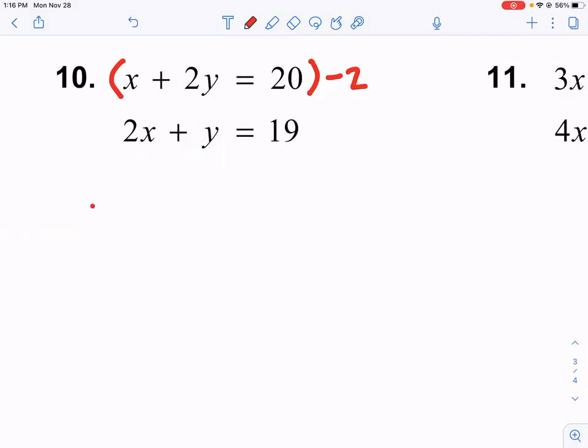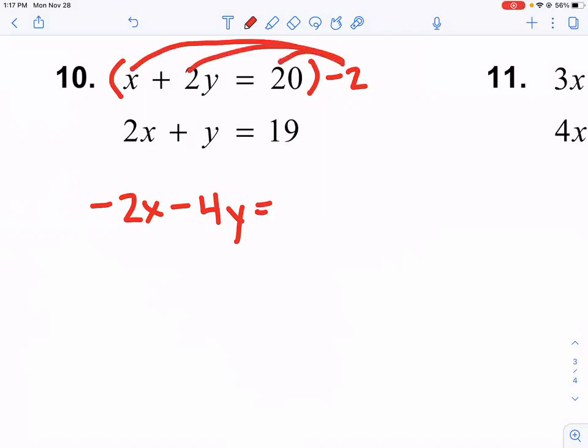So we would have negative 2 times x, negative 2 times 2y, because I took negative 2 times 2y. So we have to multiply this to everything equals negative 40.